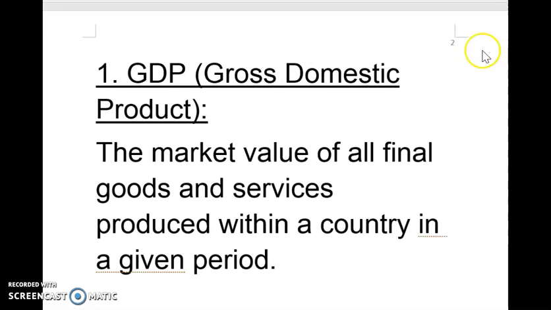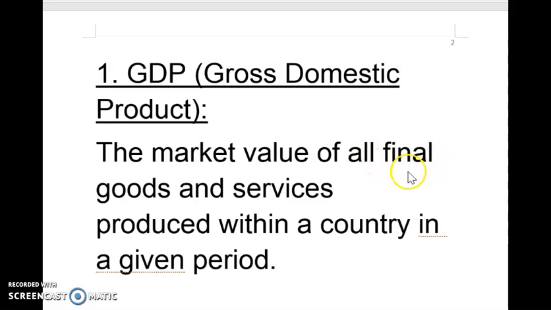The definition of GDP is the market value of all final goods and services produced within a country in a given period. There are a lot of technical things in this definition. The first one is, what do you mean by market value? Why do we want to use market value? The second part is final goods.